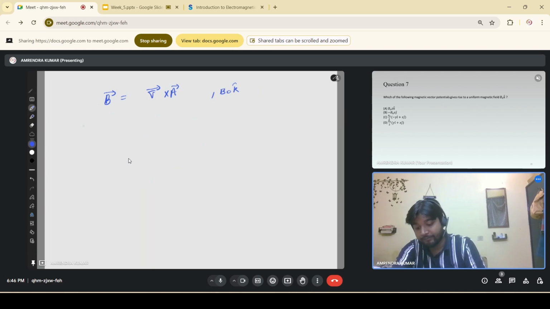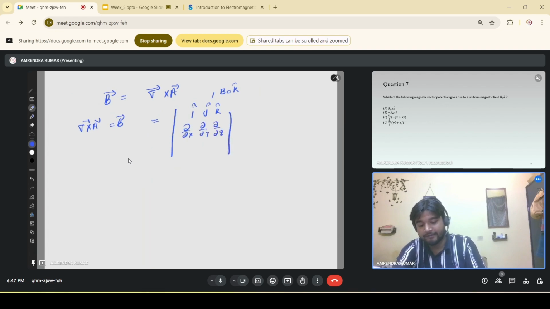Now we know that del cross A, we can write this as the determinant of I, J, K; del over del X, del over del Y, del over del Z; and AX, AY, AZ.